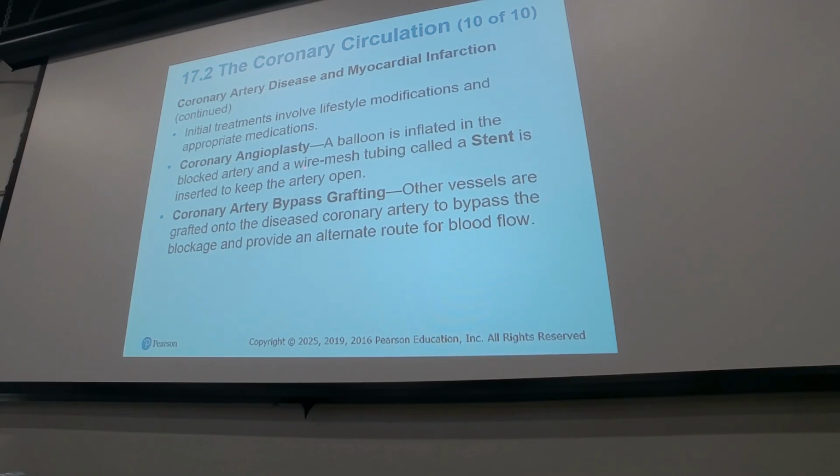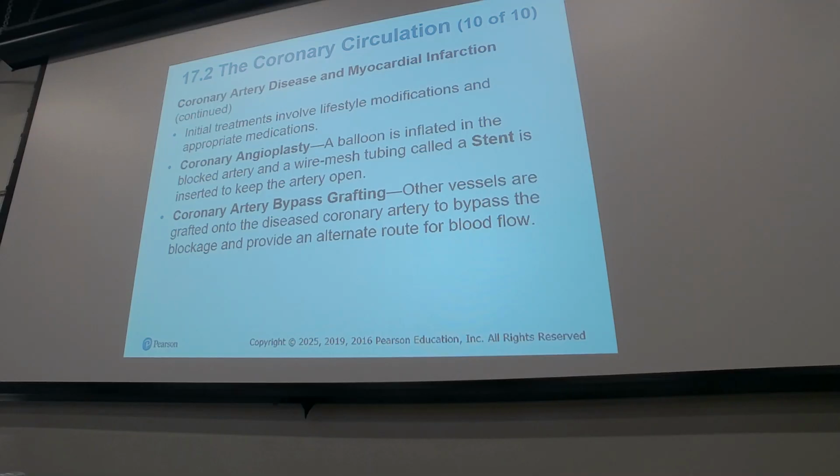Treatment will be coronary angioplasty, in which they introduce a balloon through a catheter into the area of obstruction, directed with an angiogram, and then they inflate that balloon and can break down these deposits of calcium, cholesterol, and other lipids in these arteries. Or they can bypass.